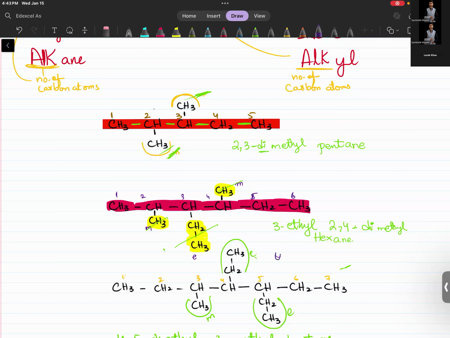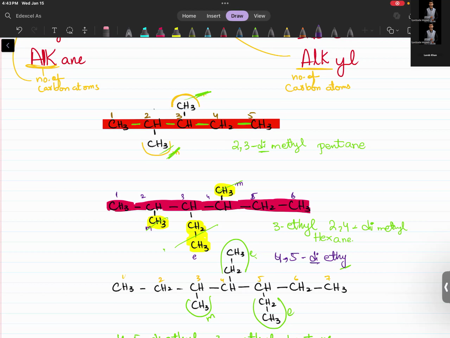It'll be 4,5-diethyl. Why am I putting the di here? This di is telling me that these are two. If you wrote 4,5-ethyl, it is possible your answer could be taken as correct, but you have to mention the di. And then for the next one, what did I write?